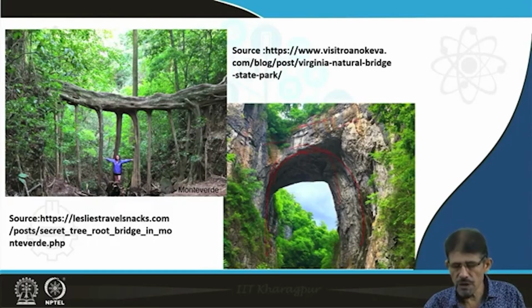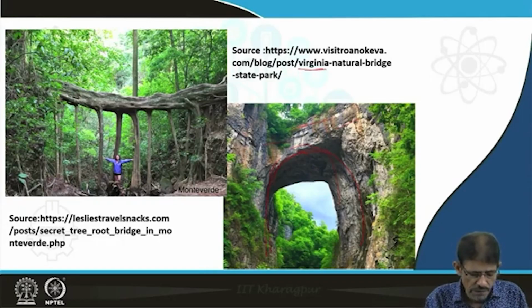Forest people as well as animals can utilize such structures. This is a view taken from Virginia. It is a natural bridge from a State Park. Another example is taken from Monte Verde.